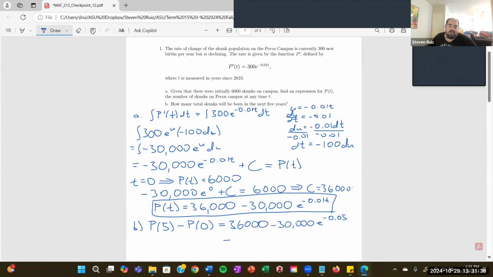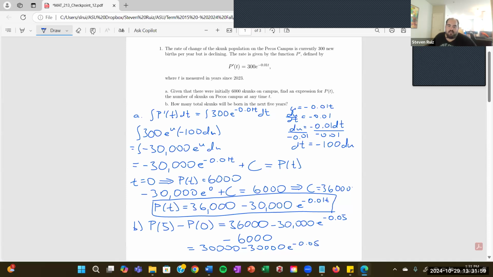I'm not going to plug in 0 for P because I know the initial value was already 6,000, right? So 6,000. So what do I get here? I get 30,000 minus 30,000 times e to the negative 0.05.